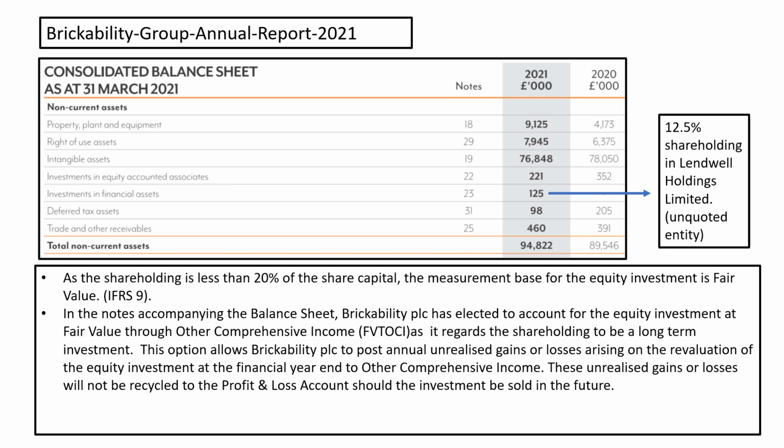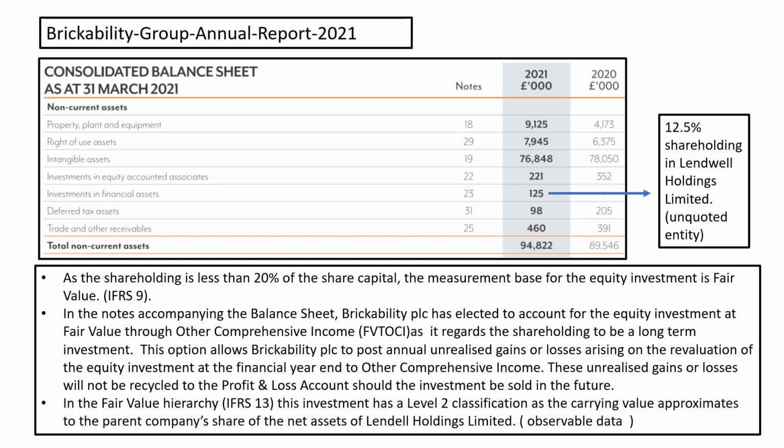These unrealized gains or losses will not be recycled to the profit and loss account should the investment be sold in the future. In the fair value hierarchy, which is IFRS 13, this investment has a level 2 classification as the carrying value in the balance sheet approximates to the parent company's share of the net assets of Lewandale Holdings Limited, and that is observable data.